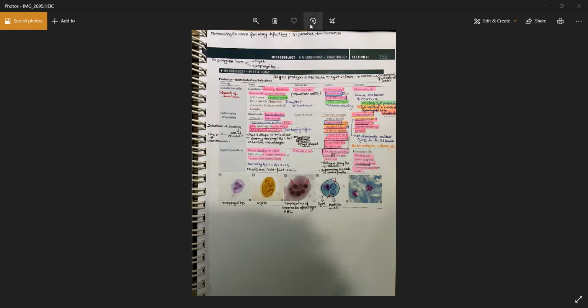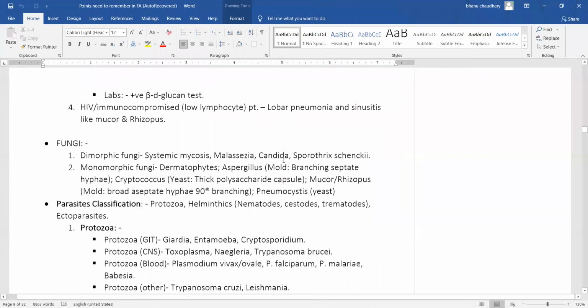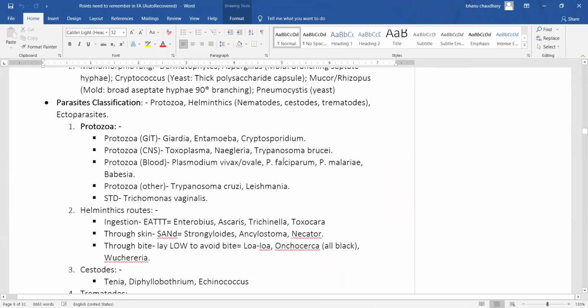Okay, and let me just open a file where I have made these names. Okay, so first come your protozoas, then we will study about the helminthics. So two types of parasites. First are the protozoas, then the helminthics, and then we'll study about the ectoparasites.